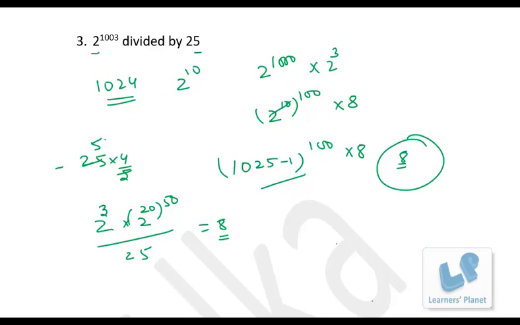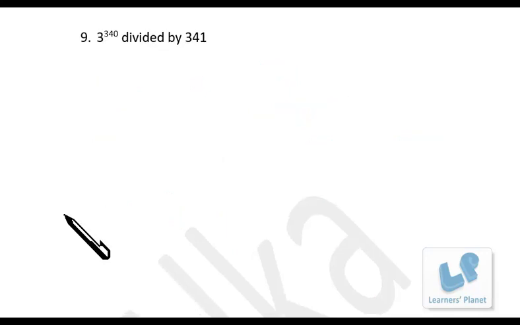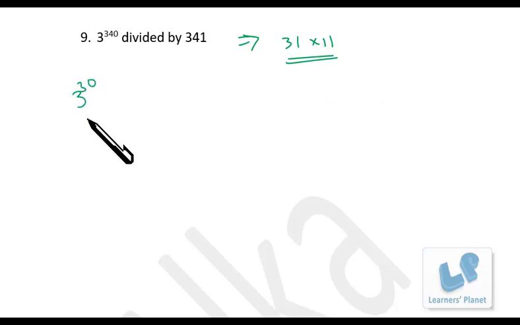Now we say this: 3 raised to 340 divided by 341. 3 plus 1, 4 minus 4, 0. That means 341 is a multiple of 11. So it is precisely 31 into 11. Now 31 and 11, both of them are prime numbers. So 3 raised to 30 when divided by 31, the remainder will be 1.